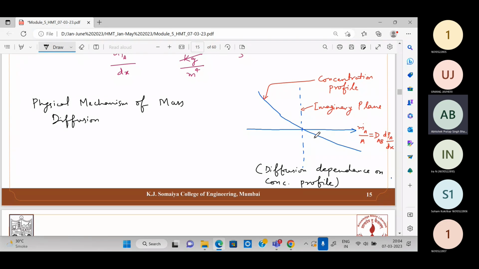On the basis of this, we can comment that Fick's law is based on experimental evidence, so we cannot derive it from first principles. It is valid in any state of all matter. So some conclusions are there on the basis of this.